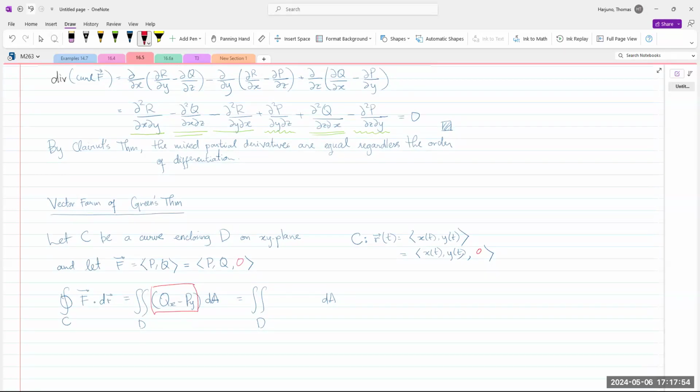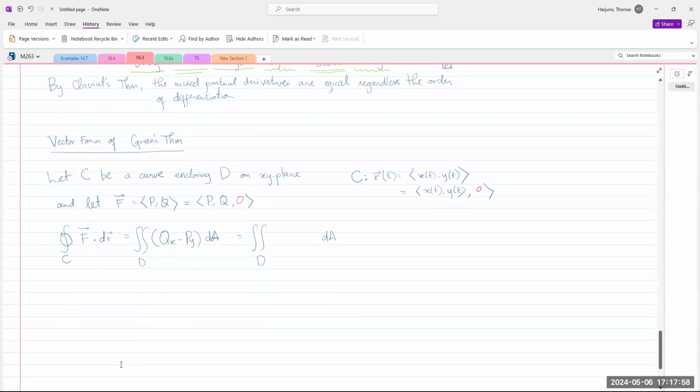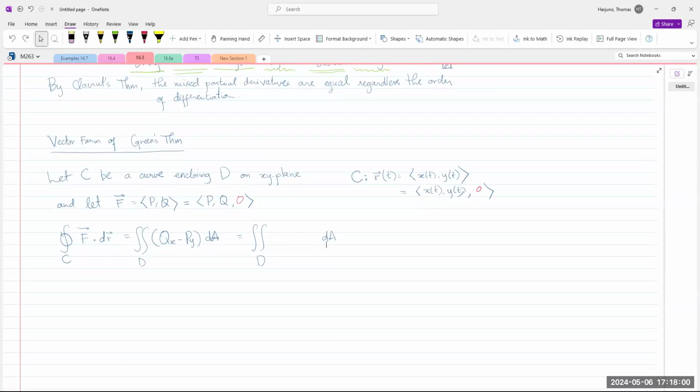Okay. So how do we pick the third component from the curl? What we will do is take the curl of that vector field, but then dot that with the unit vector of the third one.